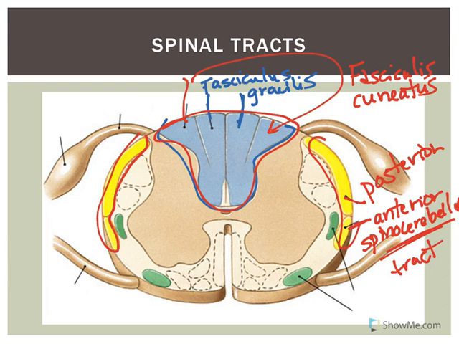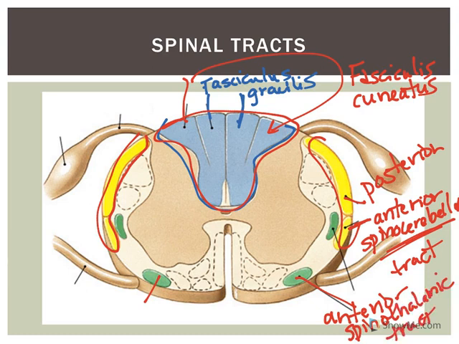We also have two that are part of another pathway. One of them is found in the anterior white column, which you see right here, one on either side. This is the anterior spinothalamic tract. But we have this green one you see on either side here. That is the lateral spinothalamic tract.